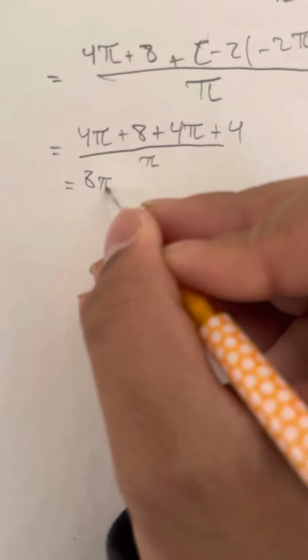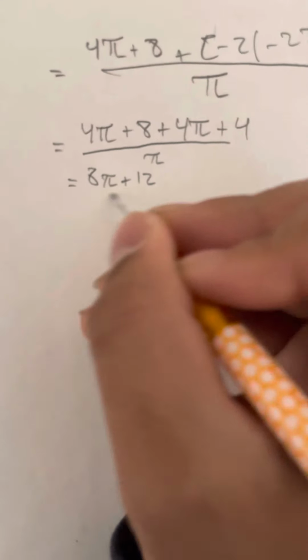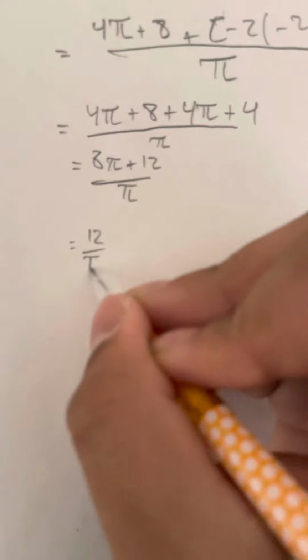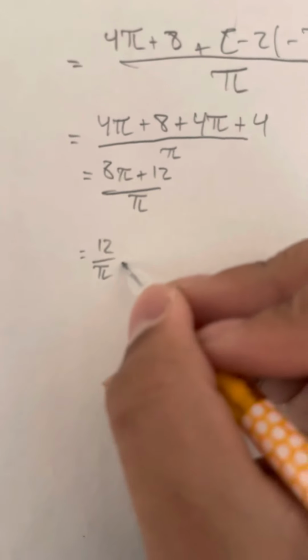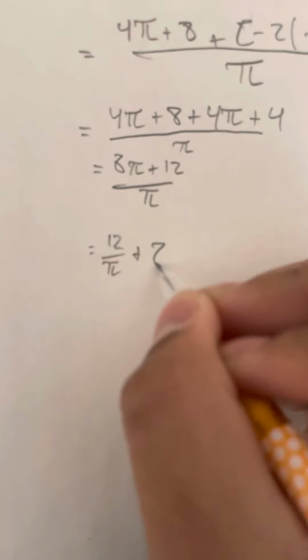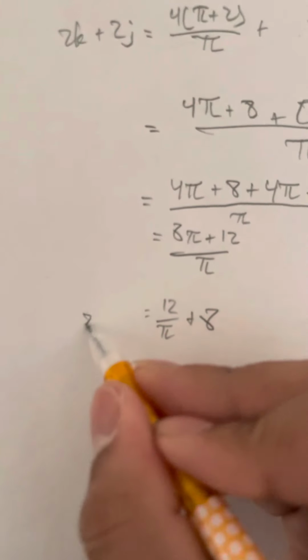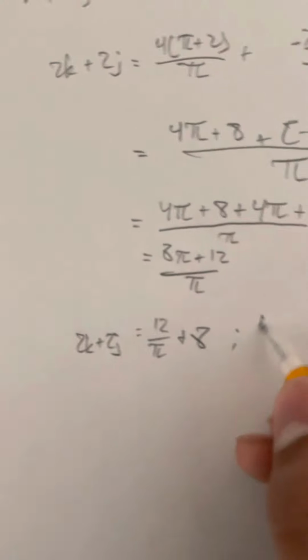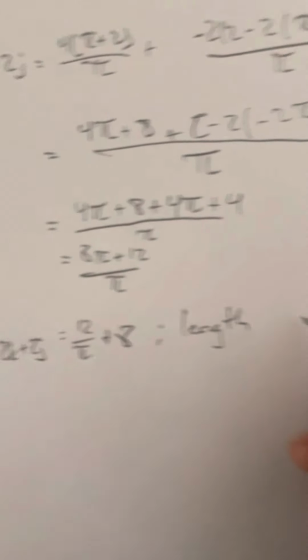So this would give us 8 pi plus 12 over pi. If we wanted to simplify this even further, 12 over pi plus 8 would give us 2k plus 2j, which is the length of the rectangle.